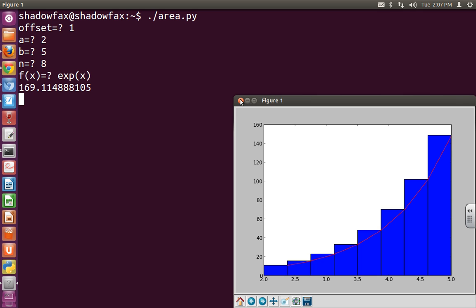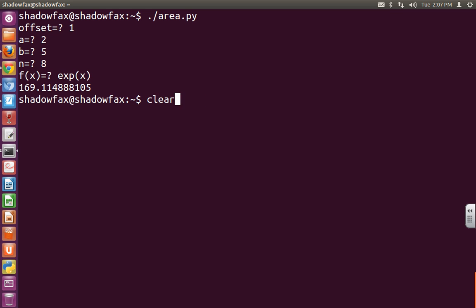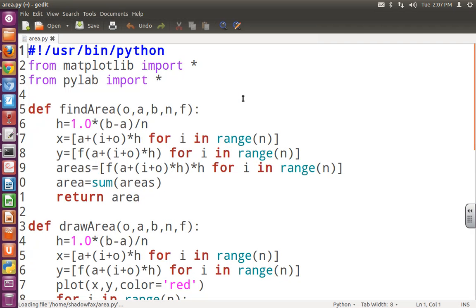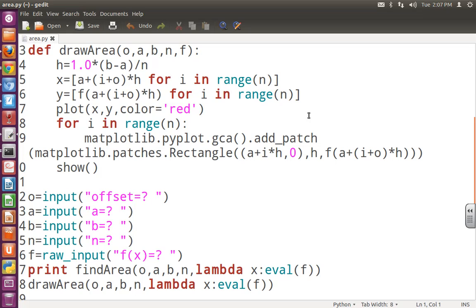All right, who's stuck? Go back to the G-edit, okay. Yep, I'm coming. All right, what part? There or lower? Down here? All right, coming around, who's stuck? All the i's become I plus O except for this one.